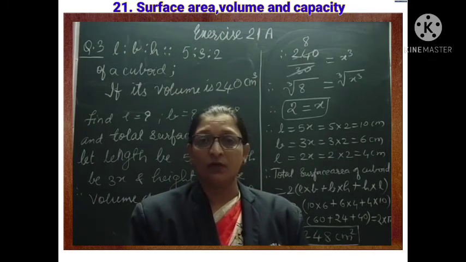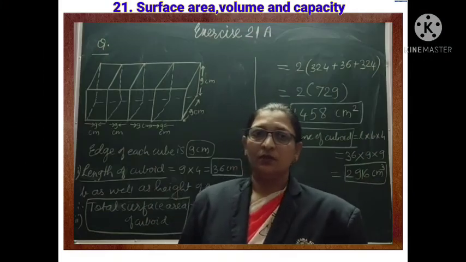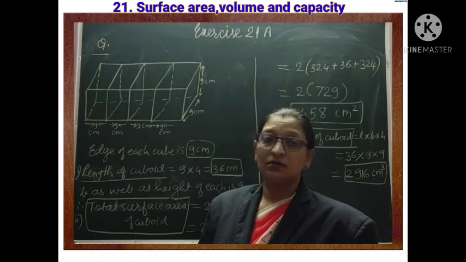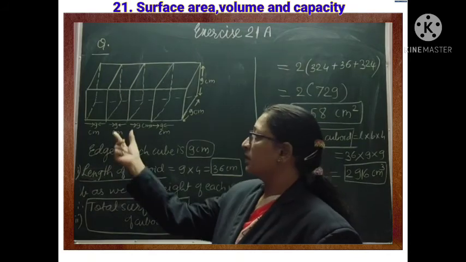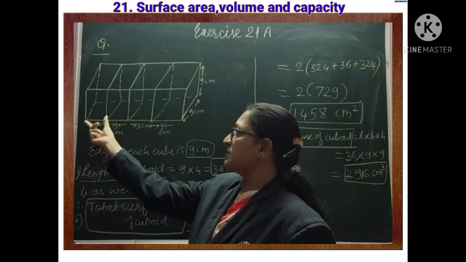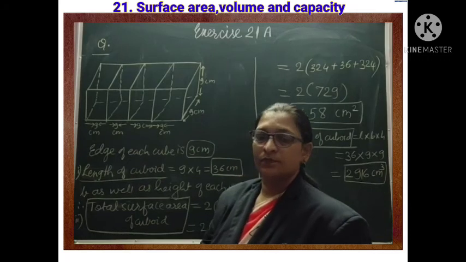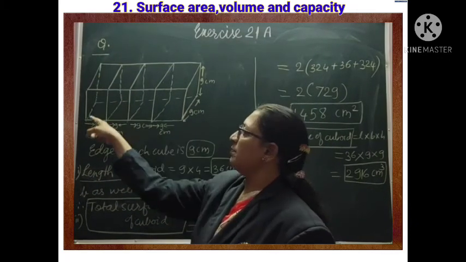Let's move on with one more example from this exercise. Dear friends, in this question, we have got 4 cubes of length and breadth 9 centimeter. These 4 cubes are placed end to end in a straight line, so that you can observe here a cuboid shape is formed.